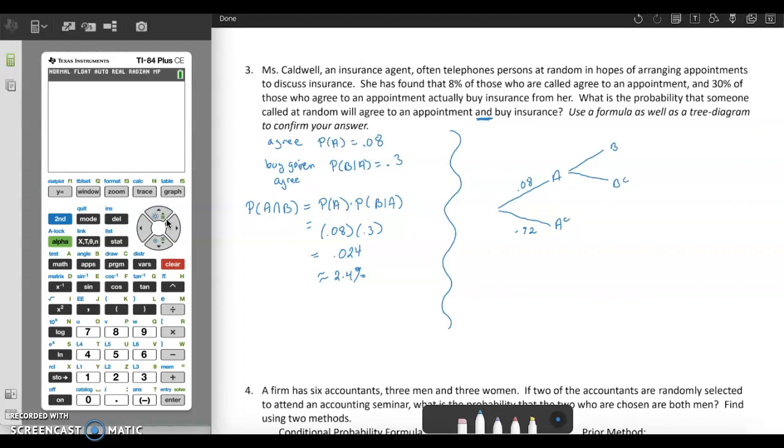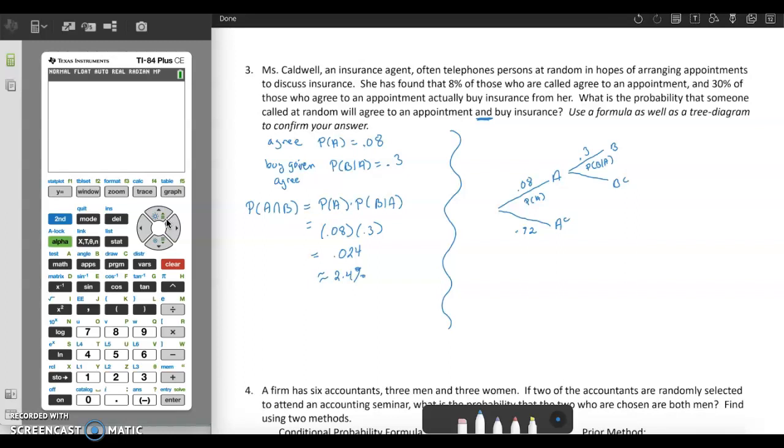So on that branch, the branch from A leading to B, that's where this 0.3 lies. The first branch leading to A is the probability of A, and that second branch between A and B is the probability of B given A, because you can only get there by going through A first. You have to know that information first.